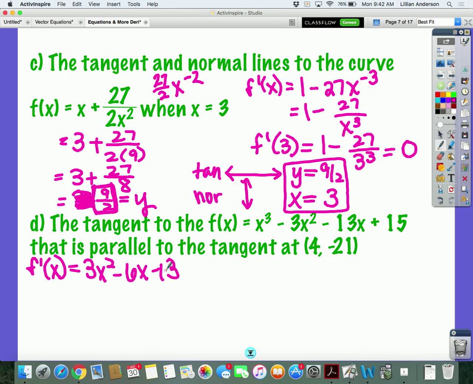Now we're looking for the equation of the tangent line that is parallel at this respective point. Okay? So that basically means that we have another line that's parallel, which means it's going to have the same slope that it has at that respective point. So, what do you think we can do from there to figure this out?